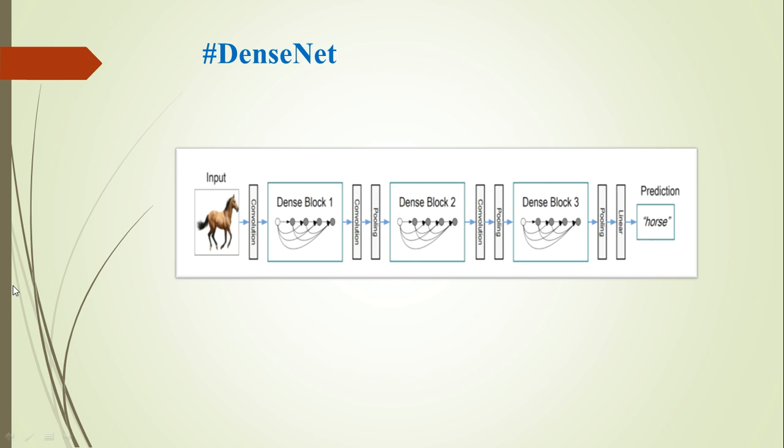Here all the blocks are connected by dense blocks, and the core idea behind DenseNet is simple: the input of one layer is the output of another. The dense blocks are connected with the concept called feed forward connection, and the output of one layer is the input of the next, and continuously it goes on like that.